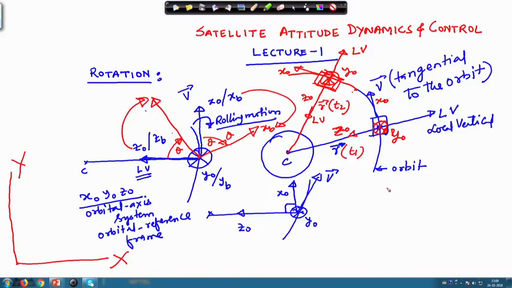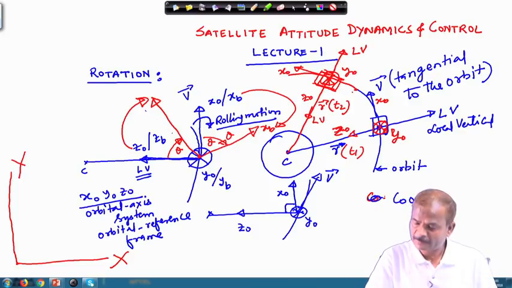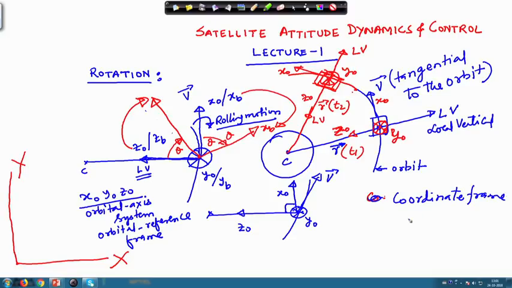And one thing you remember, there is a difference between the coordinate frame and reference frame.